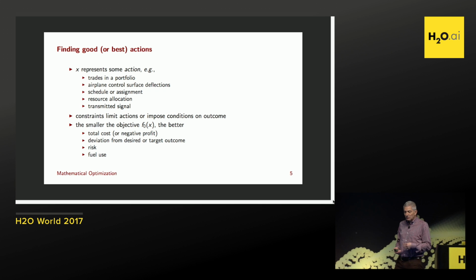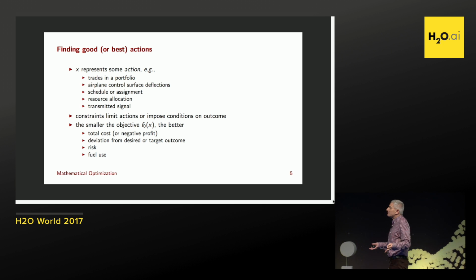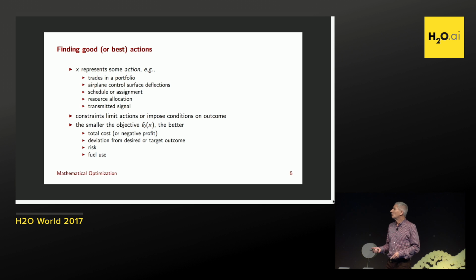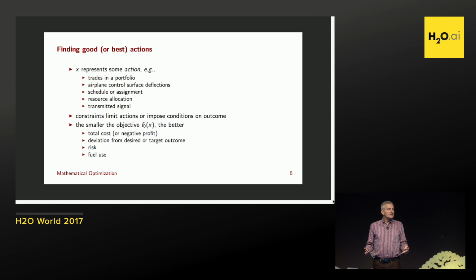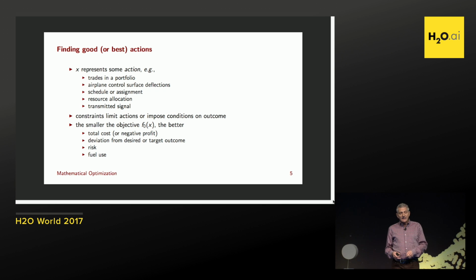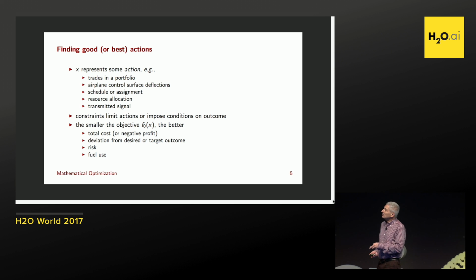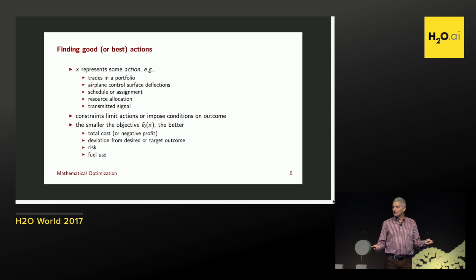Okay. Now we're going to talk about what you would use optimization for. The first and most obvious use is simply to make good actions. It's to actually solve an optimization problem to determine something good to do. In that case, the things you're choosing, the vector x, the xi's, could be trades in a portfolio. So in quantitative finance, you would solve an optimization problem, and this is universally done.